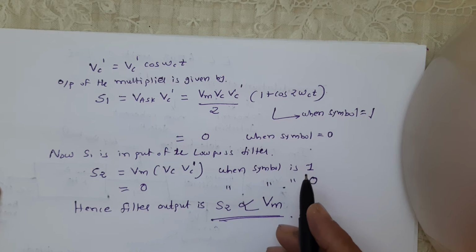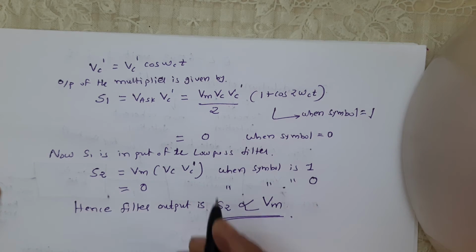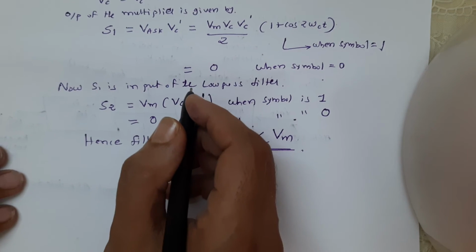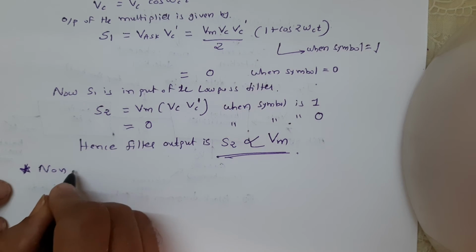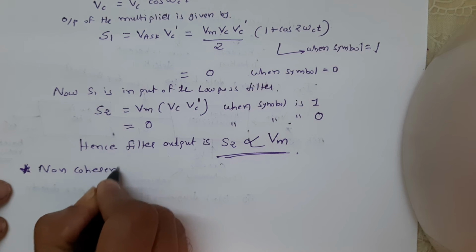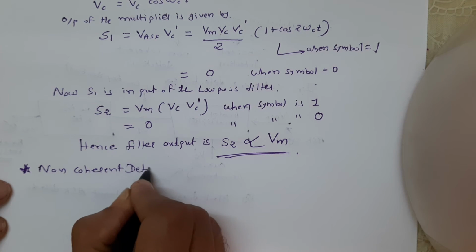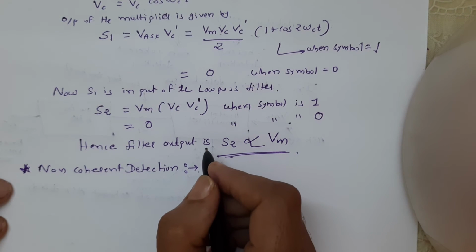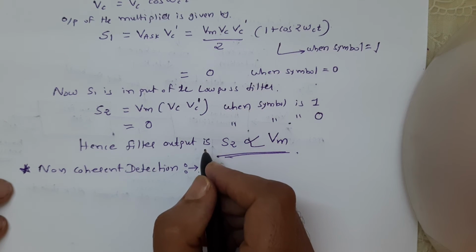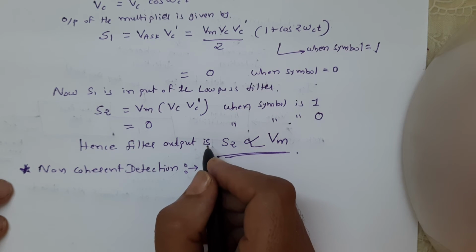Now, in non-coherent detection, there is no reference carrier made available at the receiver. Hence, we have to follow another approach.